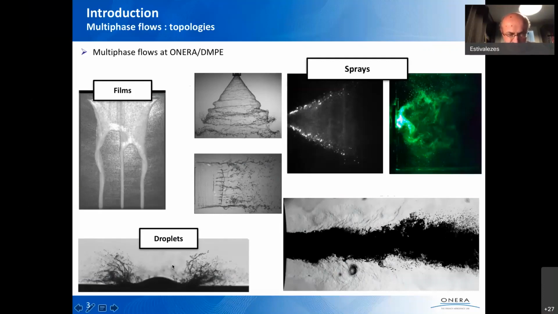You have also interaction of droplets on wall. Here you have a picture of an experiment of high-speed droplets impacting on a solid wall.